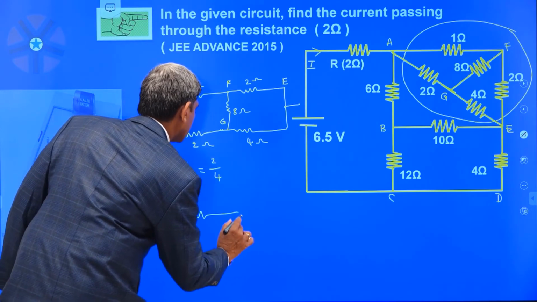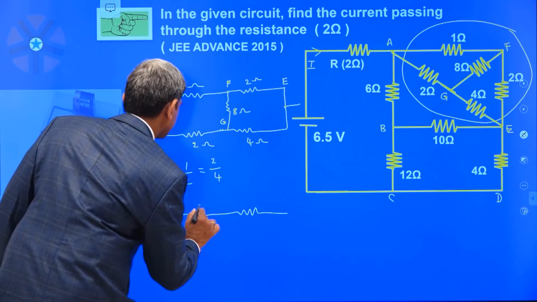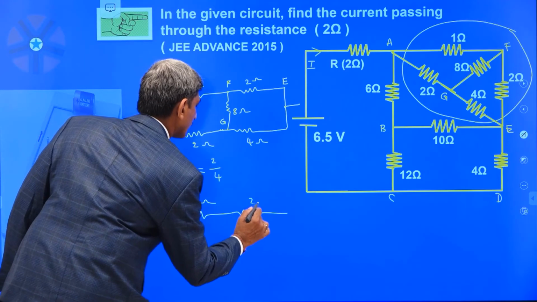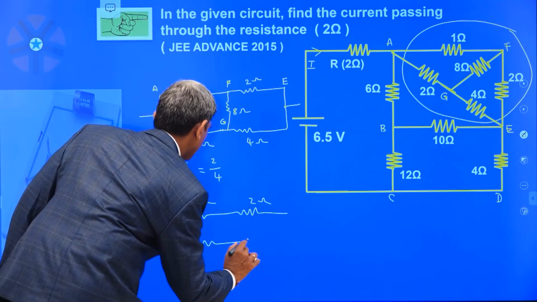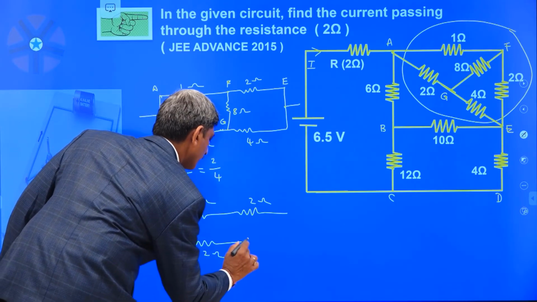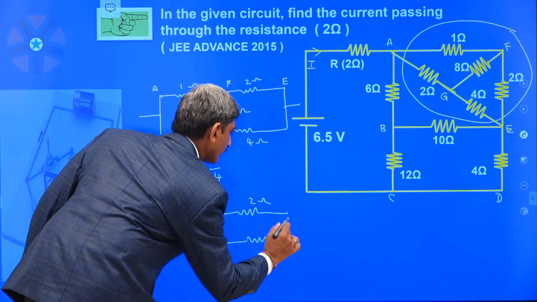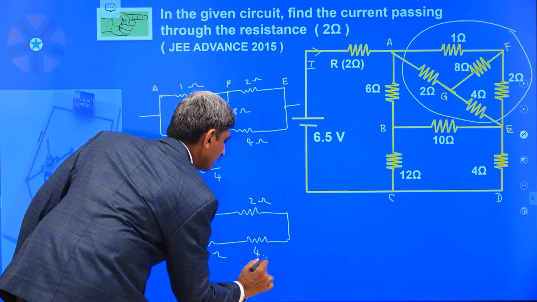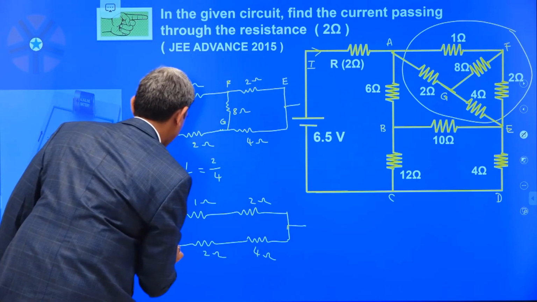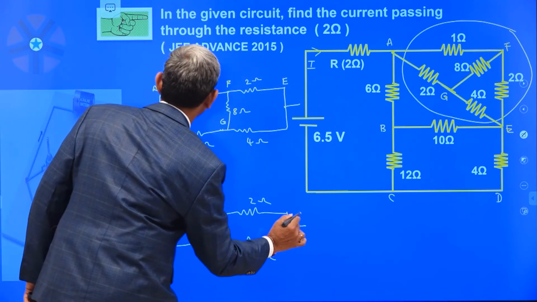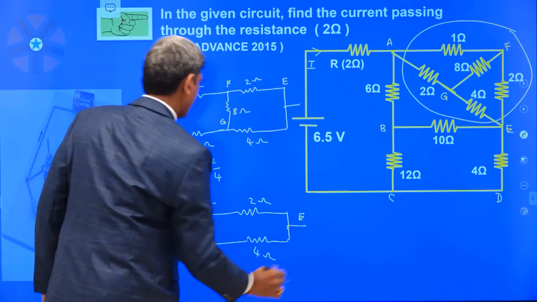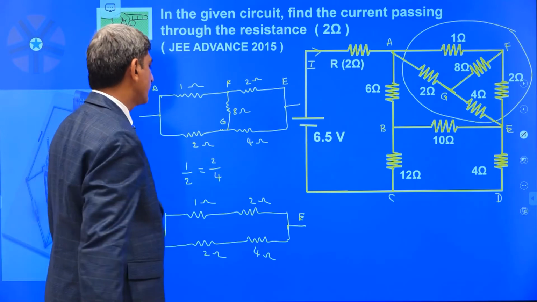By eliminating that, the equivalent resistance can be written as 1 ohm, 2 ohm, 4 ohm. Now this 1 ohm and 2 ohm are in series.